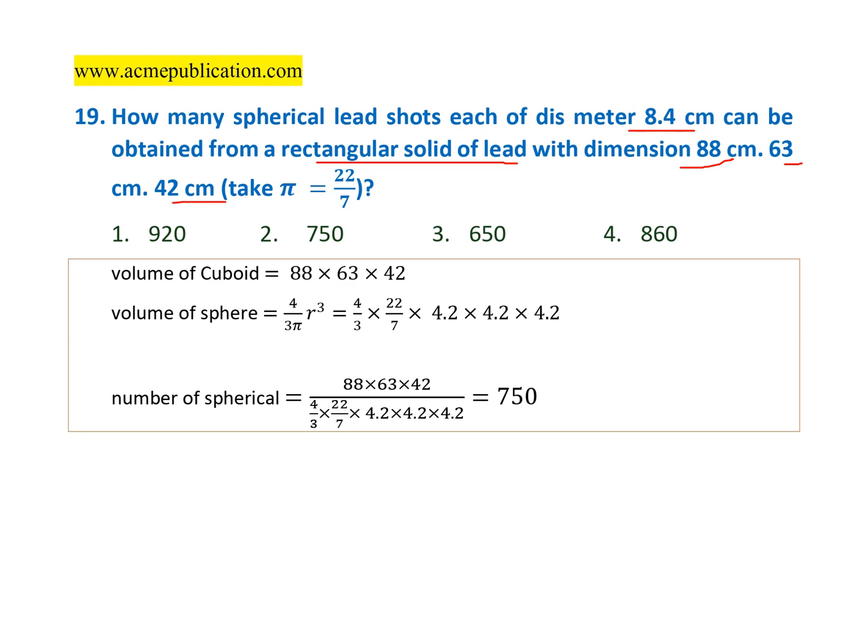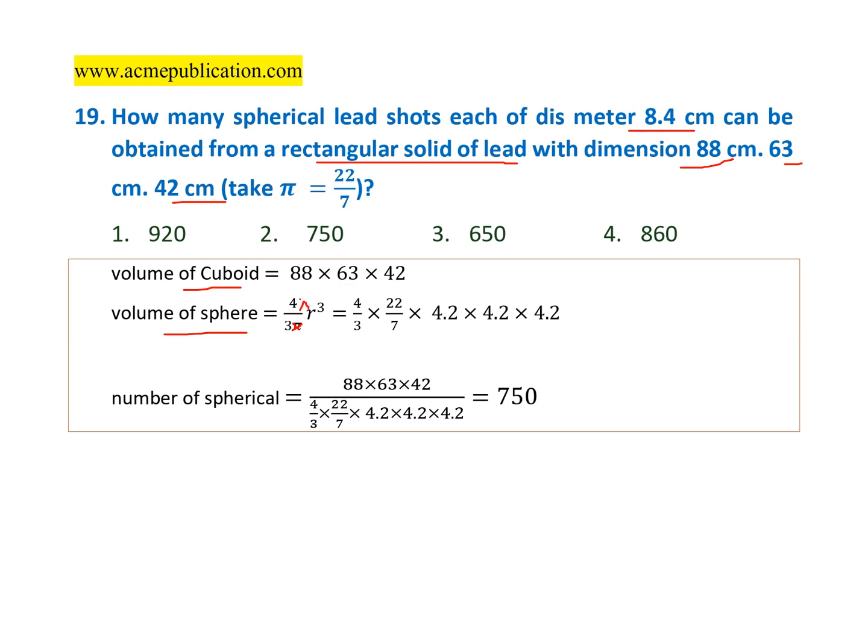Take pi is equal to 22 by 7. This question can be solved by finding the volume of cuboid and the volume of a sphere. Then we will divide the volume of cuboid by the volume of a sphere. This will give us the number of spherical shots.